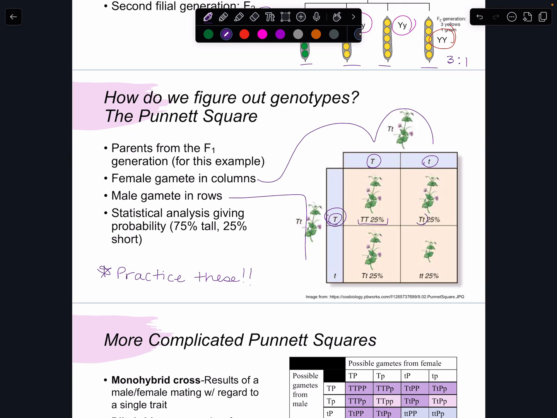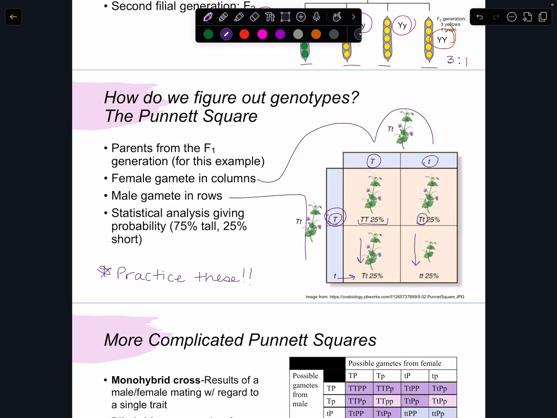So capital T, lowercase t. Same thing for the next one: the column shows capital T and this one shows lowercase t. And this one is lowercase t, lowercase t.